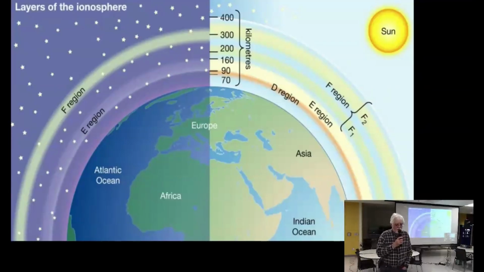The E layer can go up to almost 200. The F region starts at about 160 and goes up to about 400 kilometers.